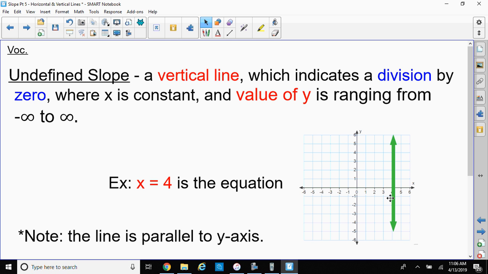Notice it's on the 4 for the x-axis, but the y is going straight up into positive infinity or straight down to negative infinity. So the value of y is always constantly changing, but the value of x remains to be 4. So note the line is parallel to the y-axis. So there's the y-axis vertically, and this is a vertical line.